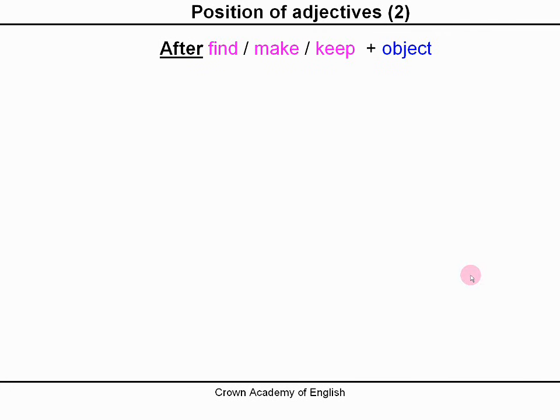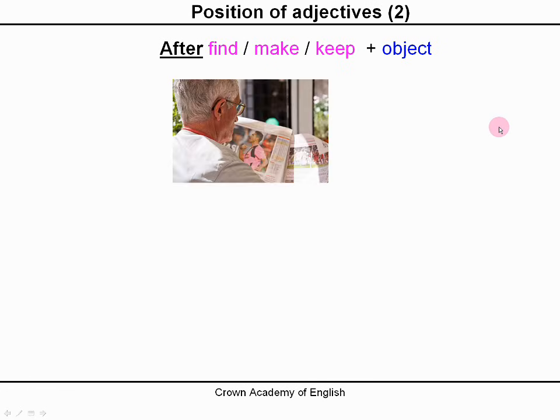Position of adjectives. We can also have an adjective after an expression of the verb find, make, or keep, followed by an object. Example. He found the article interesting.